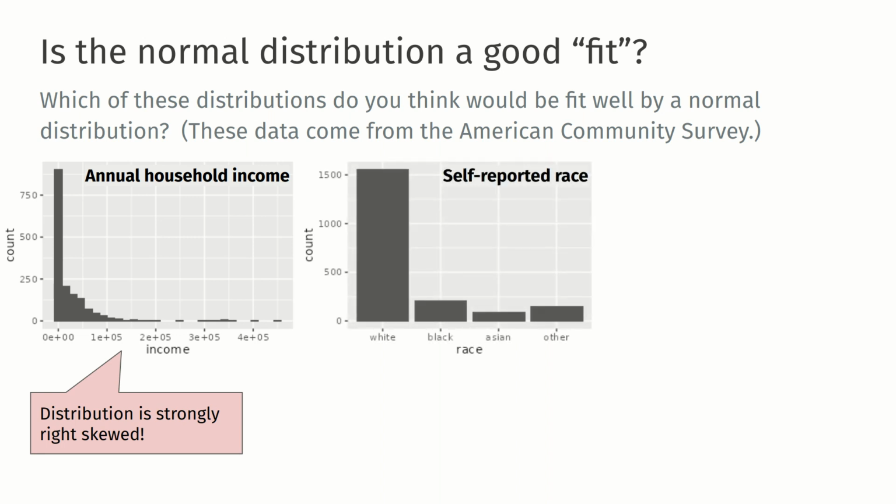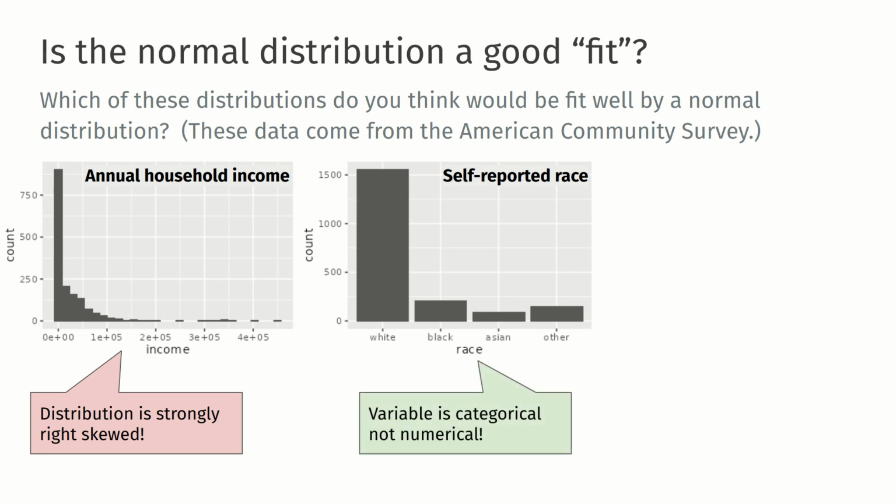Here's another variable from the American Community Survey. This is self-reported racial category, and here we see white, black, Asian, other. This is just how they happen to record it for the purpose of this survey. Even though this kind of looks like a histogram, really this is a bar chart, because you'll notice that the x-axis here is not numbers anymore, it's categories.